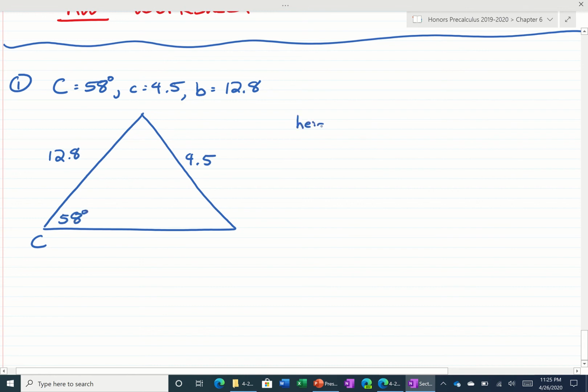Let's find the height. The height is always the other side times the sine of the angle, which is 4.5 times the sine of 58.